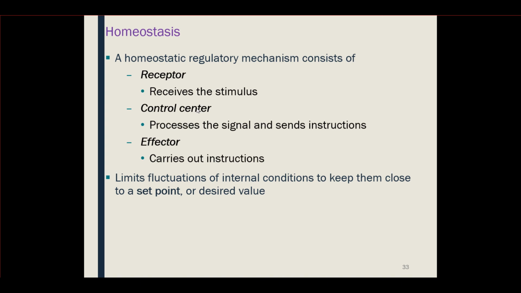I'll give you one more example, just outside the body. In your house, you probably have smoke detectors, maybe a carbon monoxide detector, motion detectors, that type of thing. These would be the receptors. They're monitoring what's happening in your house. Let's say somebody is cooking something on the stove and it starts to smoke up, burning something a little bit.